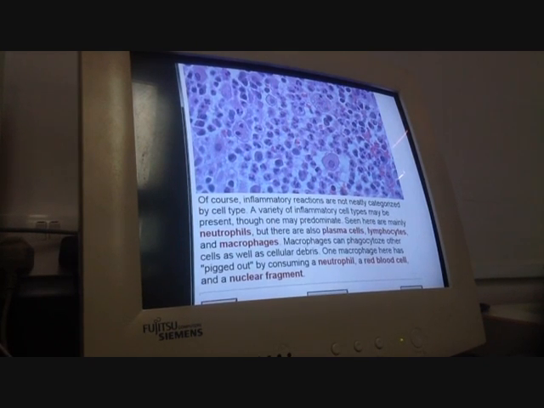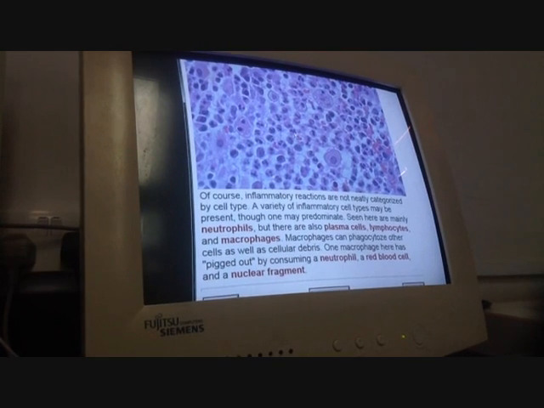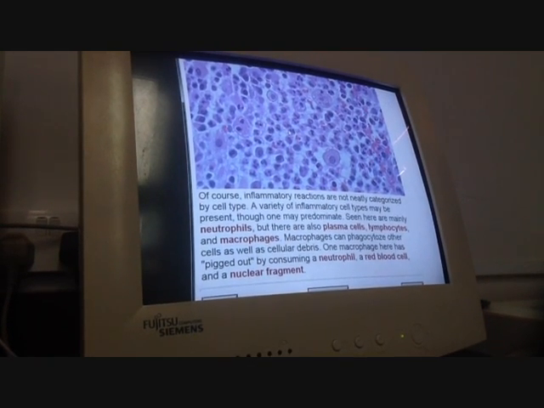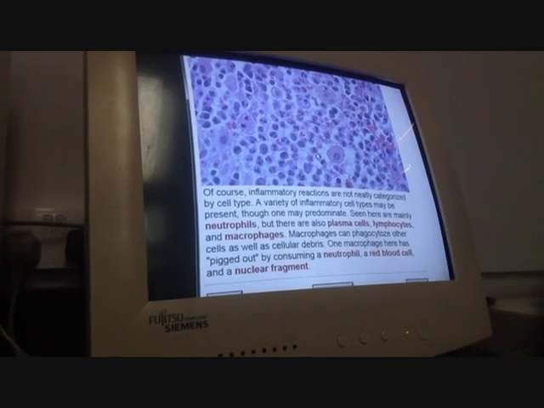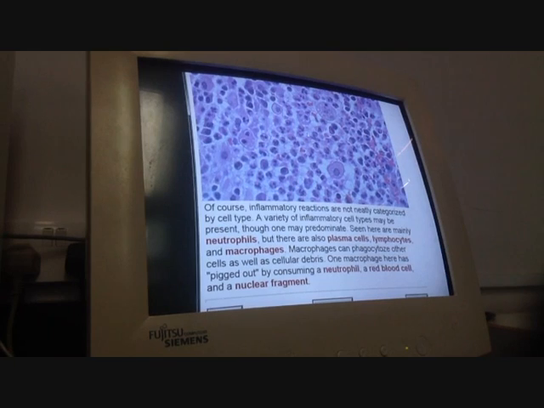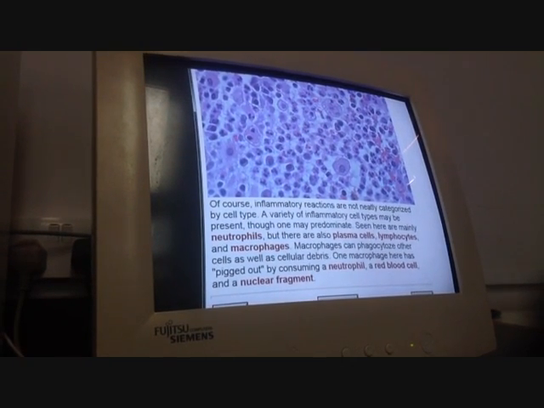In inflammation, we have a large number of inflammatory cells: neutrophils, plasma cells, lymphocytes, and macrophages. In this picture, you can identify the neutrophil by its 3, 4, or 5 lobes, as is obvious here. This has 5 lobes, so it's a neutrophil. And this one here has 4, this is a neutrophil. So how can you identify the plasma cell? This one is a plasma cell.